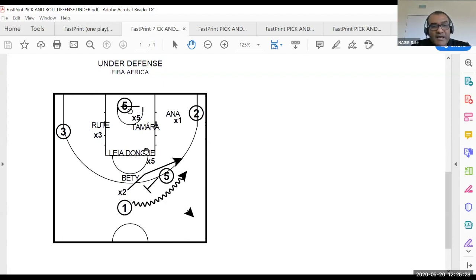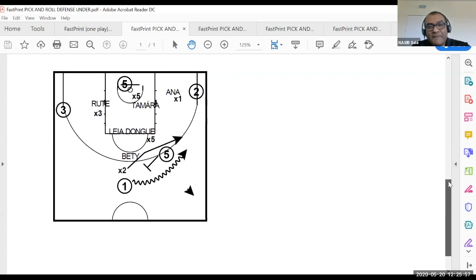But now we have X1 in the split zone, and X3 to control in the sag position, and X1 to control the side of the ball, because of the cut on the line, or if the two uses the back door to go for the basket. And X5 is in the flat position, and the two comes over.